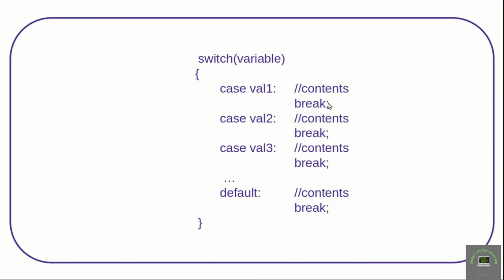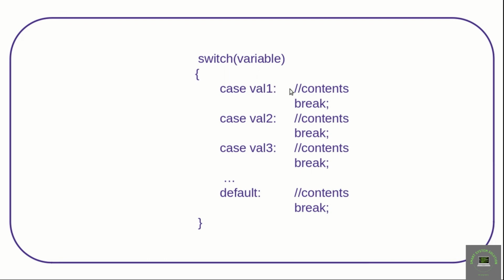Here the break statement is optional. If you do not write break inside the particular case, then it will continue execution of the cases beneath it. Let us suppose we haven't written this break inside the case 1 and the value of val1 and variable matches.